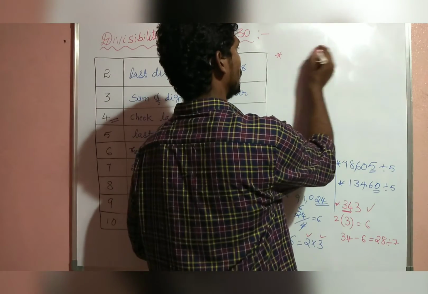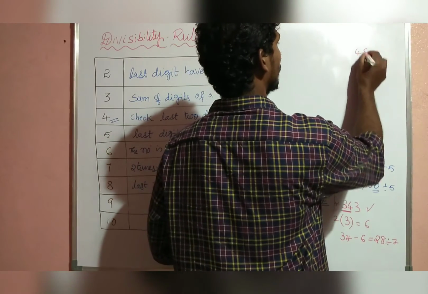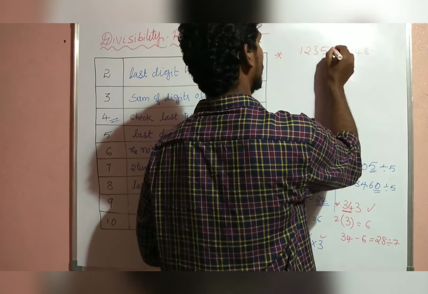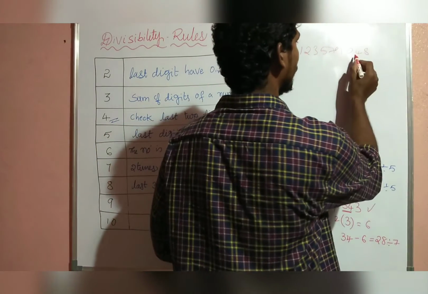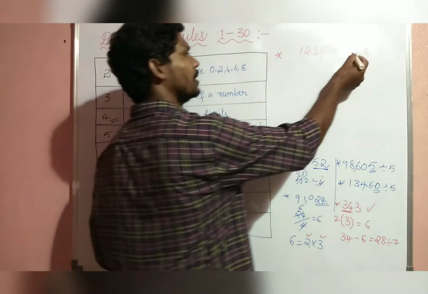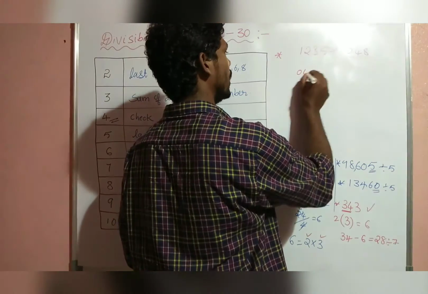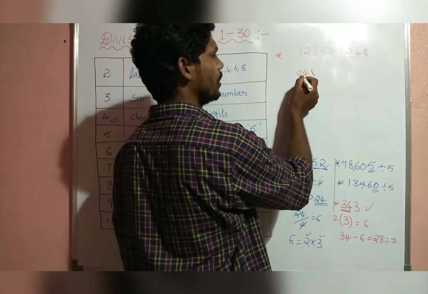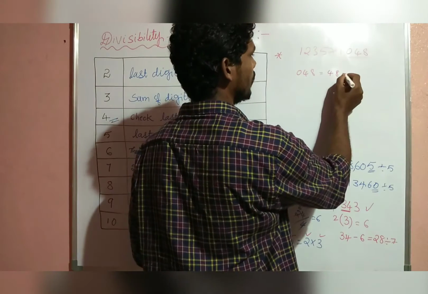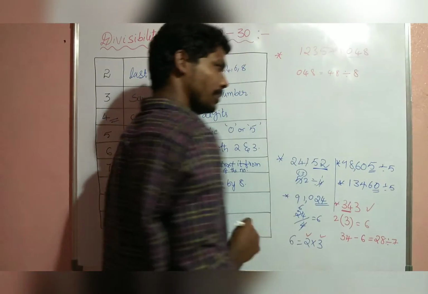So for example, here 1, 2, 3, 5, 7, 9, 048. Here we need to check the last 3 digits. The 3 digits are 048. A 0 on the left side of the number has no value, so that is 48. Is 48 divisible by 8?